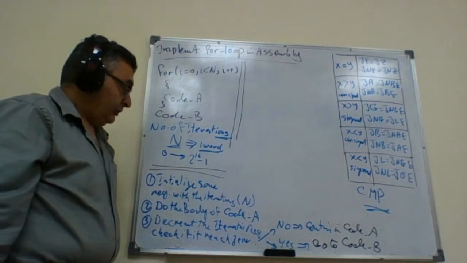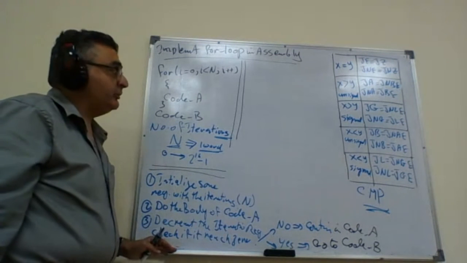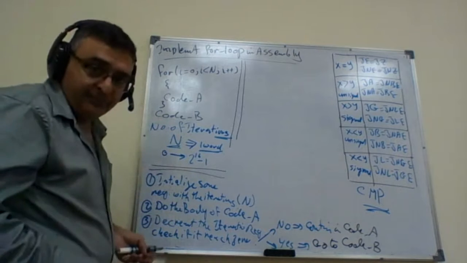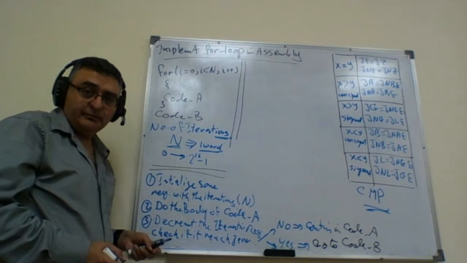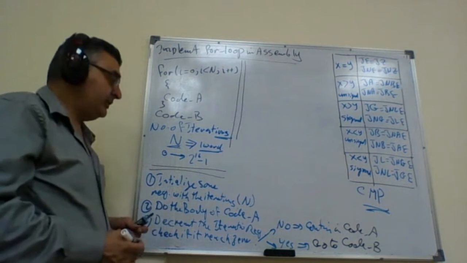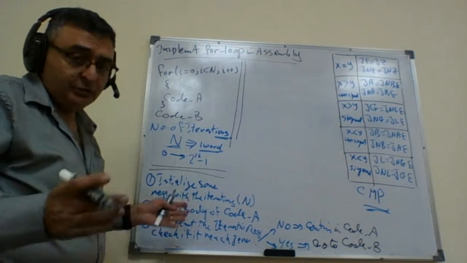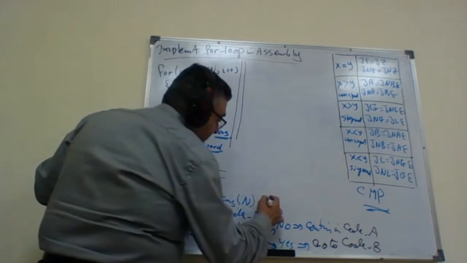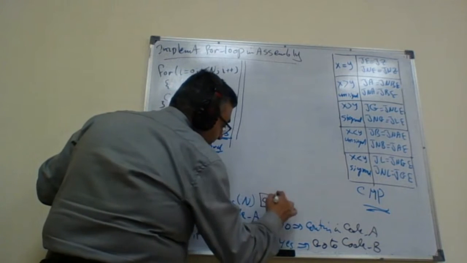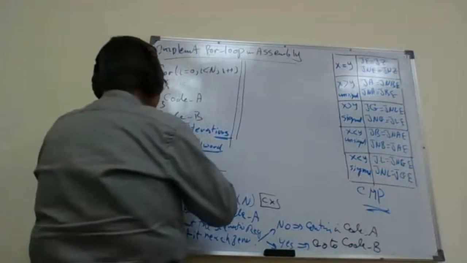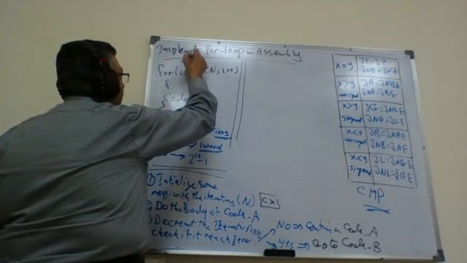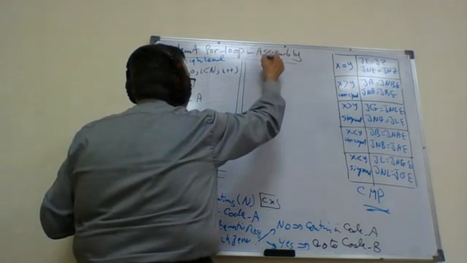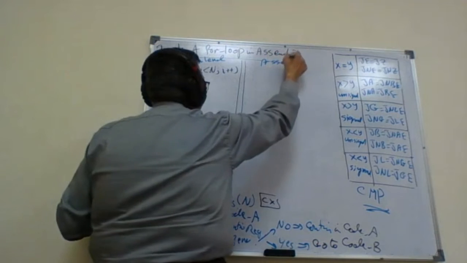Okay, so this is the design of my code. Assume that we will use maybe the CX register as my index. I can use any register, but I will use the CX. If I am using CX for my index, so this is the high level, this is the assembly.